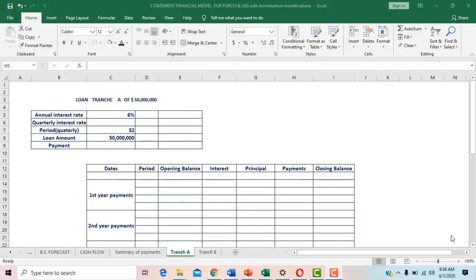Let us assume that our company has decided to take a loan of $75 million to finance part of our capital investment in the long run. This loan has been divided into two tranches.